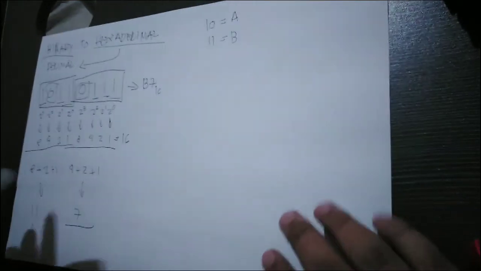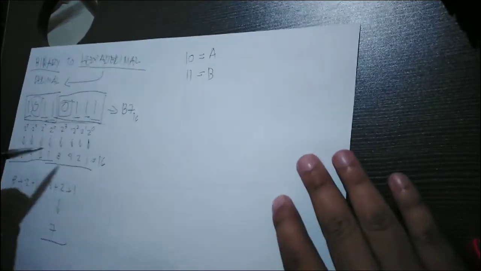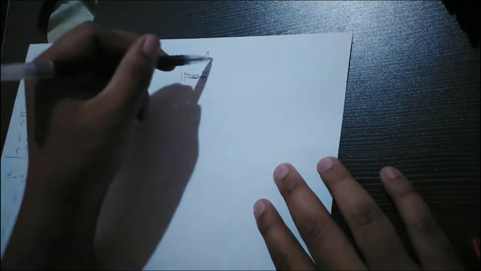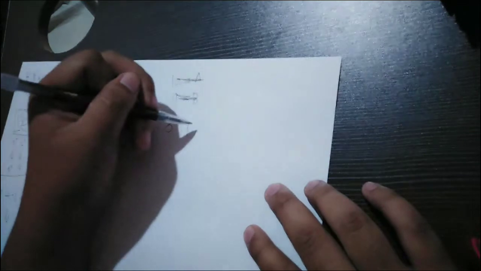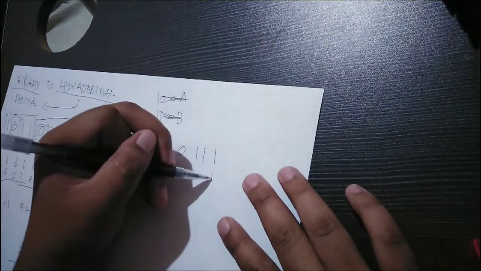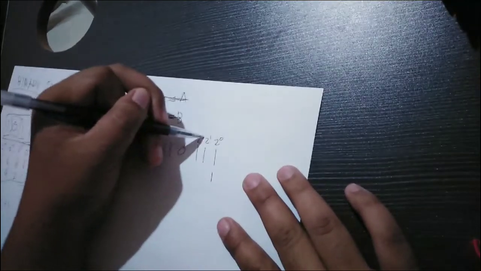So we will try to convert this binary number to decimal to check if our hexadecimal is correct. So 10110111, we will get their values.